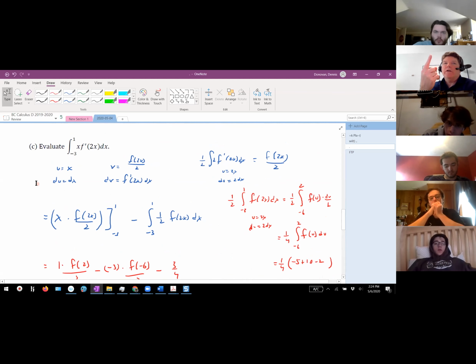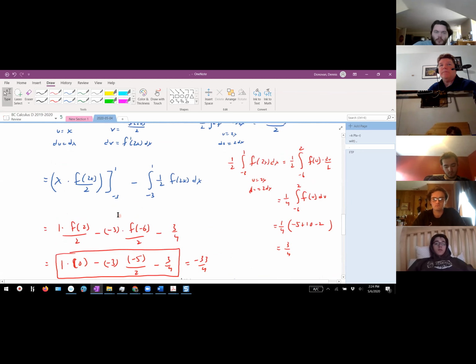One for identifying the parts. Second for writing this line right here using integration by parts. The third point would be evaluating that integral, and the fourth point would be the answer. So that's how I would grade this.